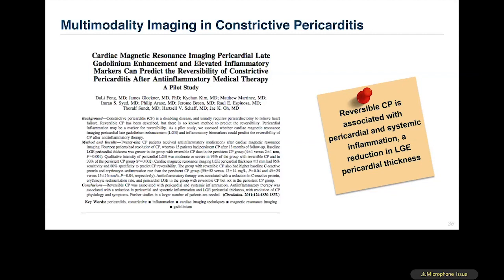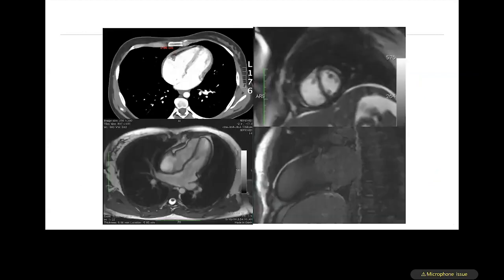It's very important to understand that the features of constrictive physiology are reversible in a patient who presents with an inflammatory state and who can respond to anti-inflammatory therapies. Therefore constrictive physiology, once diagnosed, needs to be seen through the lens of whether there is an inflammatory state, and that could be diagnosed using delayed gadolinium enhancement.